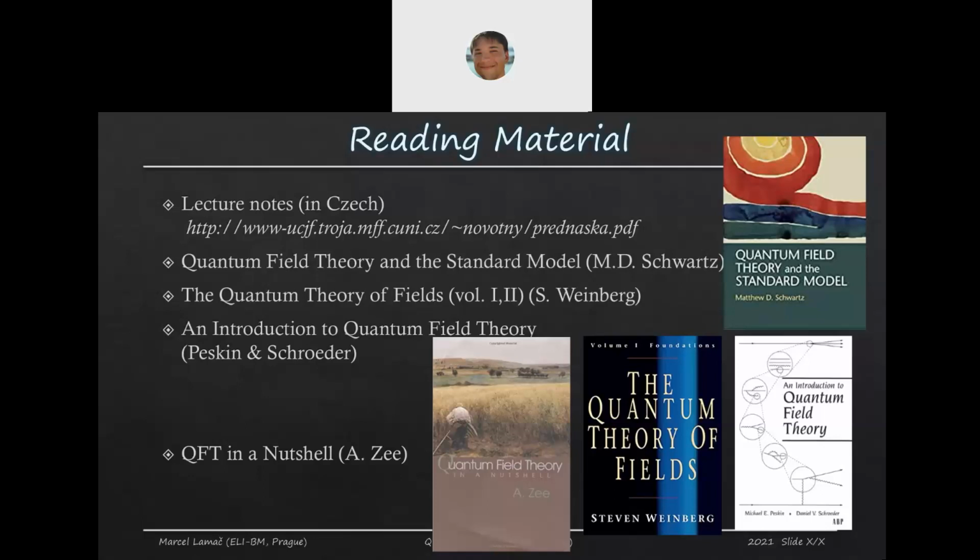By the way, Steven Weinberg is one of the physicists who united the electromagnetic and weak interactions, now known as the electroweak theory, and that is basically what got him the Nobel Prize.